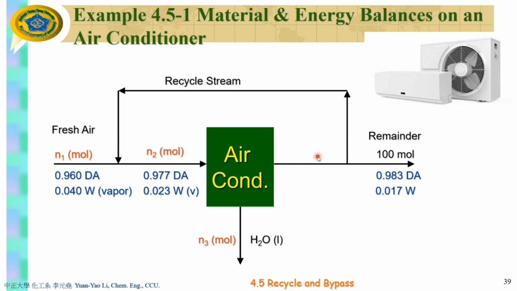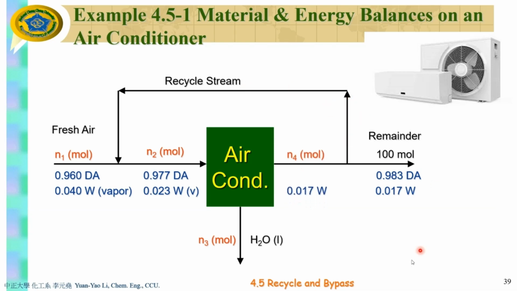The problem now is how do you address this stream here? That will be N4, right? And how do you write down the fraction of the dry air and the water? The fraction will be the same as this. For the recycle stream, a very important point is that the fraction will be the same.